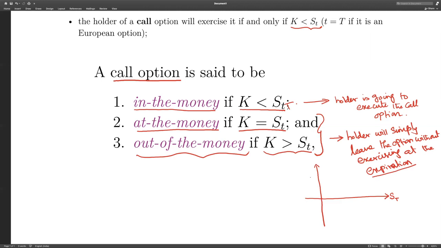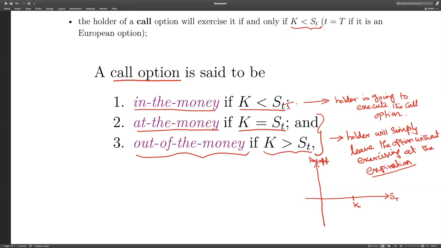And the y-axis is the difference between the strike price and the stock price in the spot market, which is called the payoff. This is the payoff from the holder's point of view. So let's say this is the value of K that the holder has fixed in his or her contract.